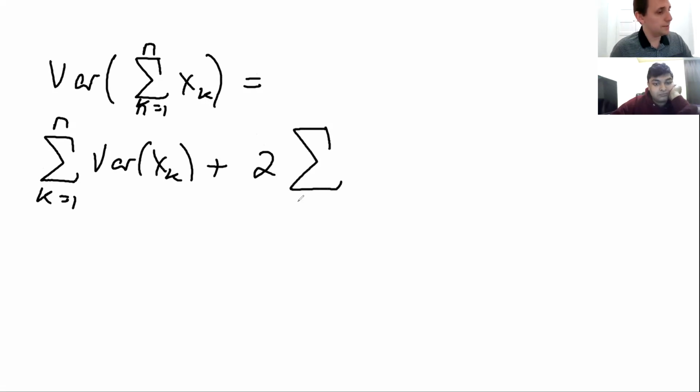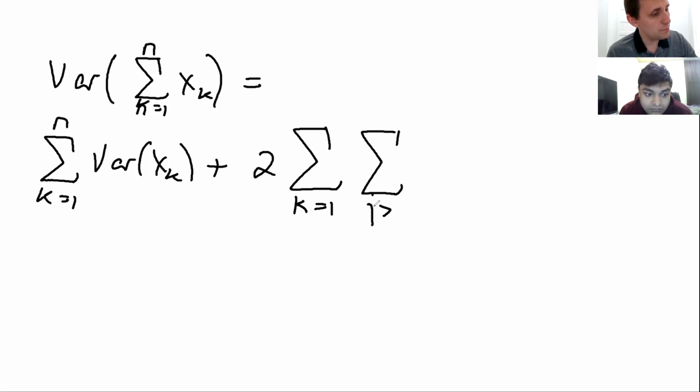Here we have k equal 1, and here we have j is bigger than k, right?